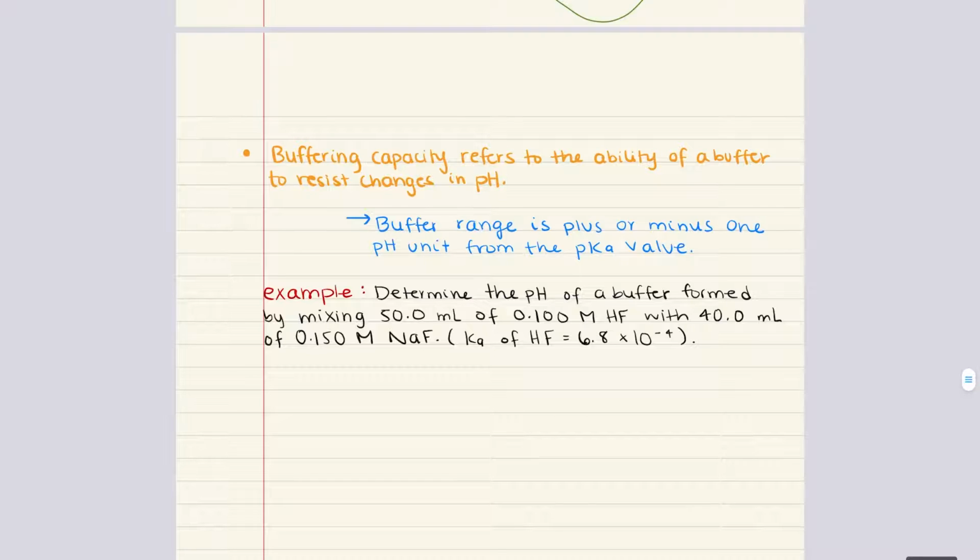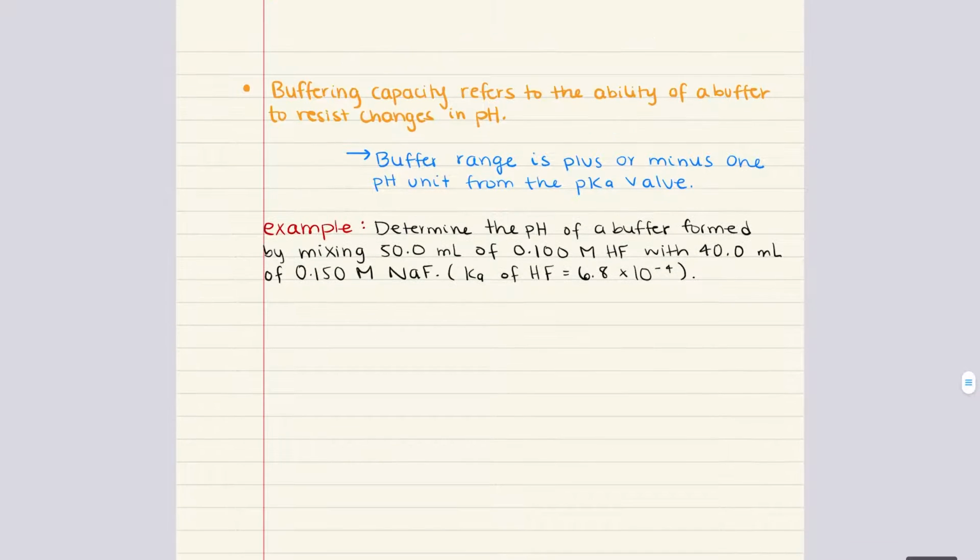Another important concept that's tied to the Henderson-Hasselbalch equation is the buffer range and buffering capacity. The buffer range refers to the range of pH values over which the buffer can effectively resist changes in pH. This range is typically within 1 pH unit above or below the pKa of the weak acid.